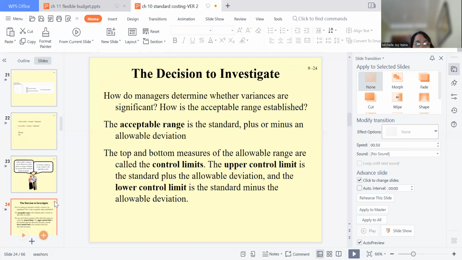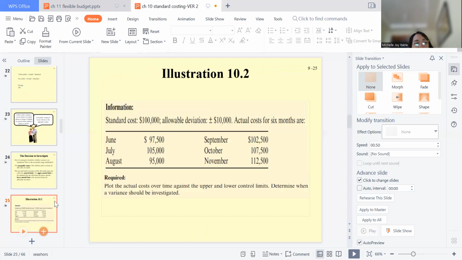So for example, in this illustration, we have a standard cost of 100,000, allowable deviation of plus or minus 10,000. So within the range, dagdagan mo ng 10,000, 110,000 yung upper limit. Yung lower limit naman, bawasan mo yung 100,000 ng 10,000, we have 90,000.